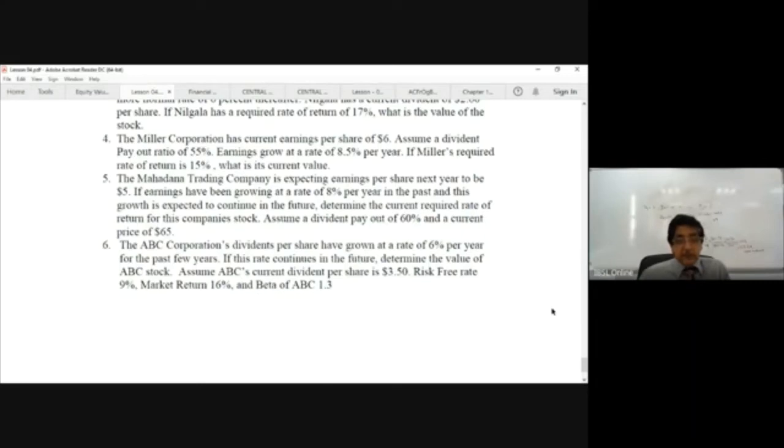ABC's current dividend per share is 350. So D0 is 350, risk-free rate is 9. But the only problem here is the required rate of return is not given. How are we going to arrive at the required rate of return? By extracting the information available in the question.